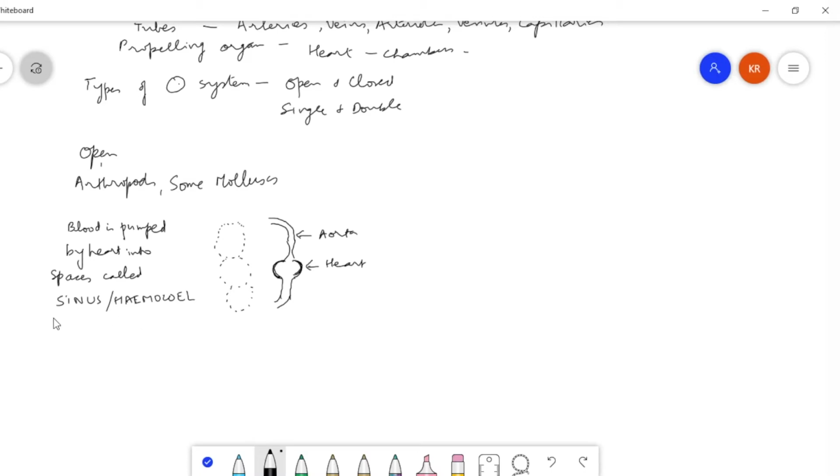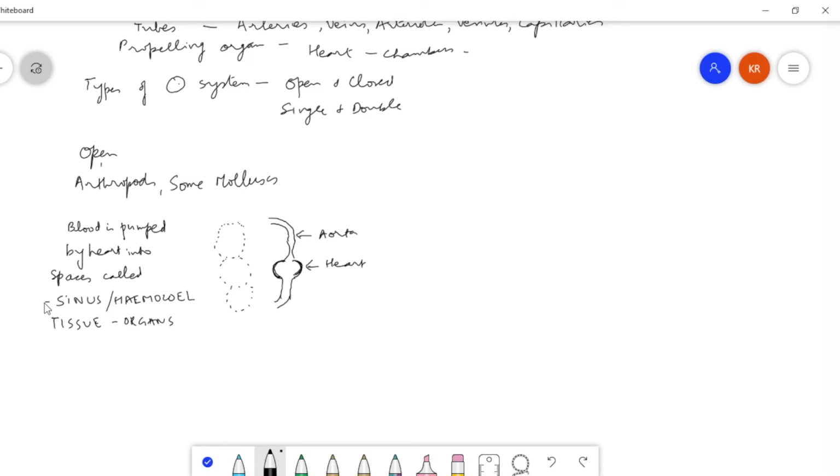And in this hemocoel there are regular tissues. All the different tissues and organs are there. That means the tissues and organs are bathed, they are just lying in this hemocoel.